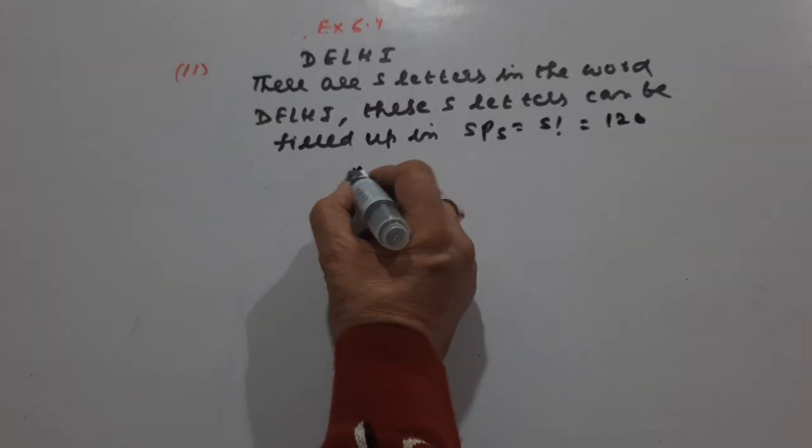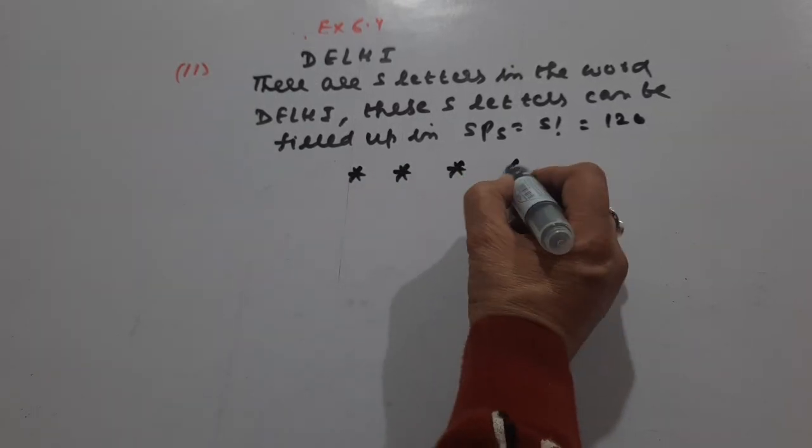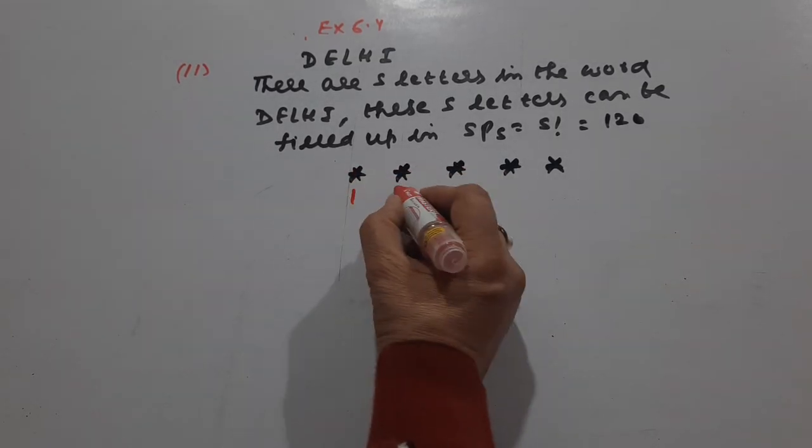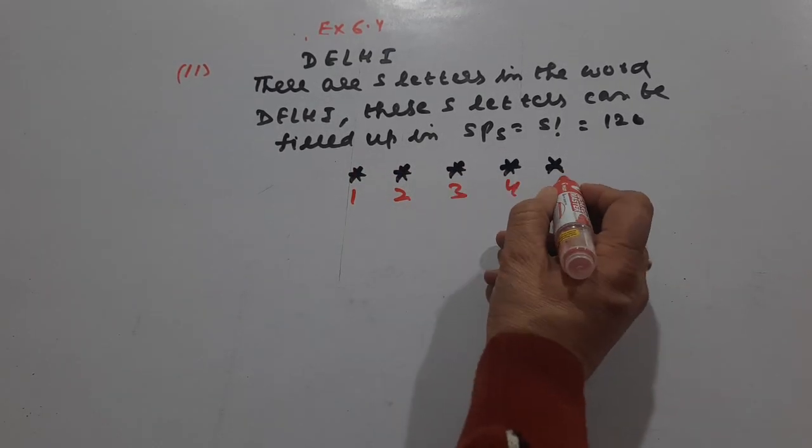So first place, second place, third place, fourth place, and fifth place, and their numbering is 1, 2, 3, 4, and 5.